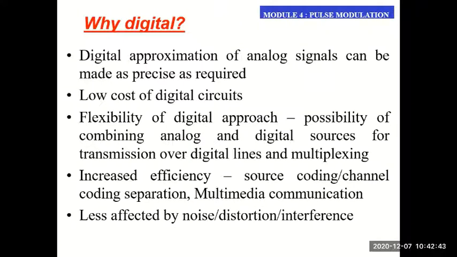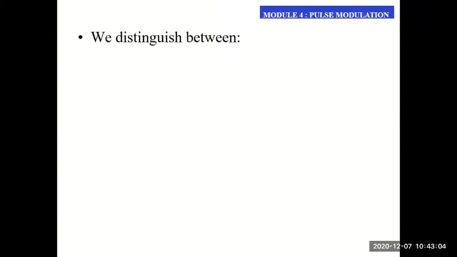Whereas in digital, we have very efficient processing techniques to deal with the induced noise, interference, or distortion. That's what we mean by this. Naturally, better privacy because we can do encryption and decryption on the data. We can hide the essence of the actual data traveling on the line.